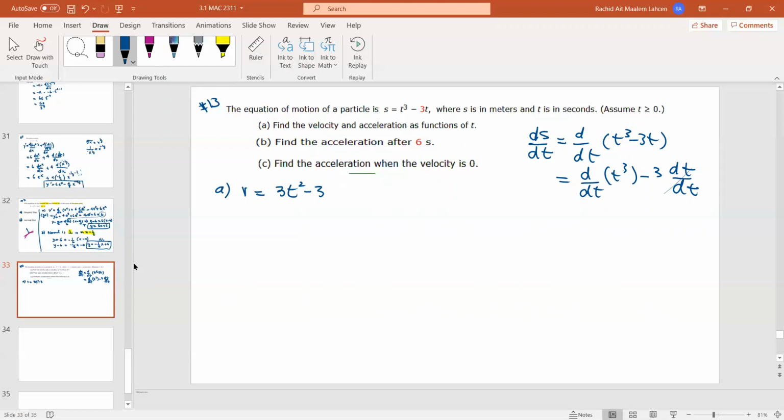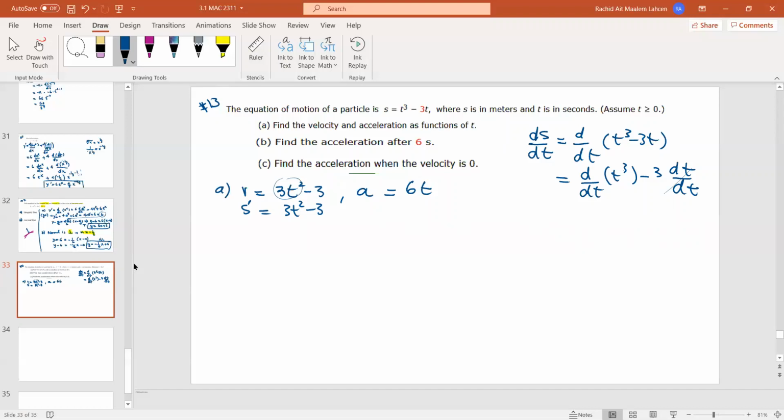You see this is 1 and this is 3t squared. So that's the velocity. Now the acceleration is the second derivative, s double prime. The acceleration is going to be 6, which is 3 times 2, 6t.